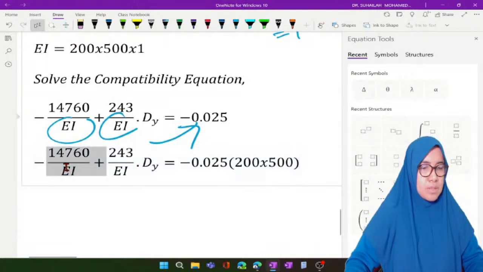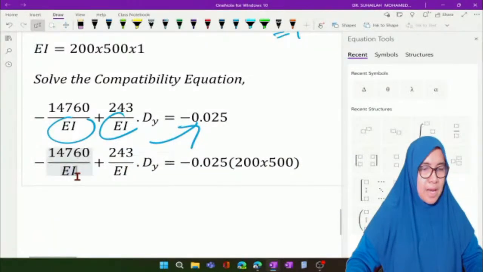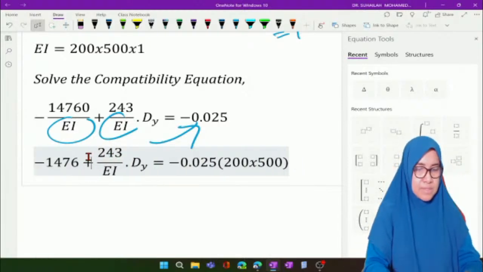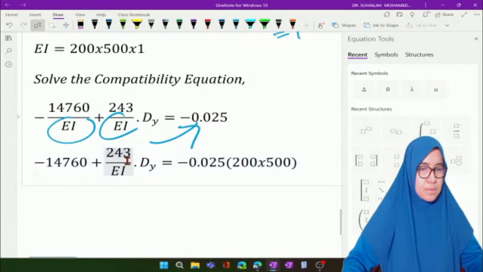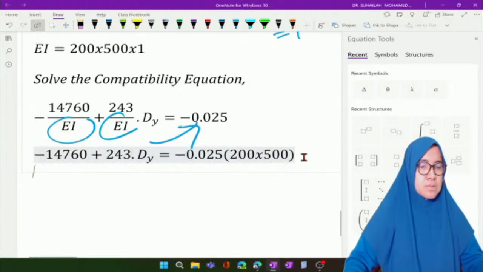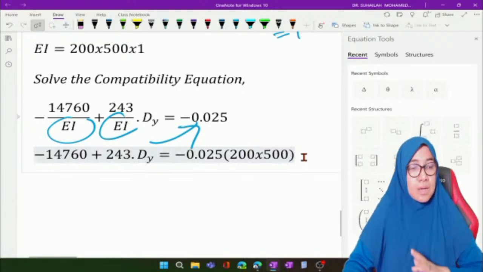Okay, so we now remove EI. 14760 and 243. So now we get this equation.